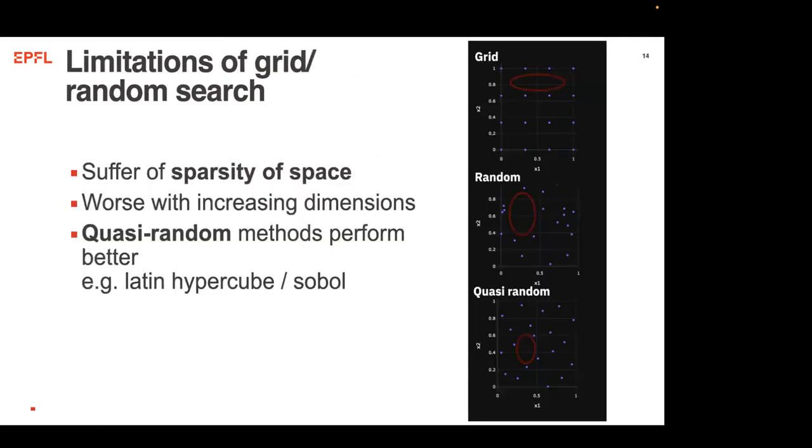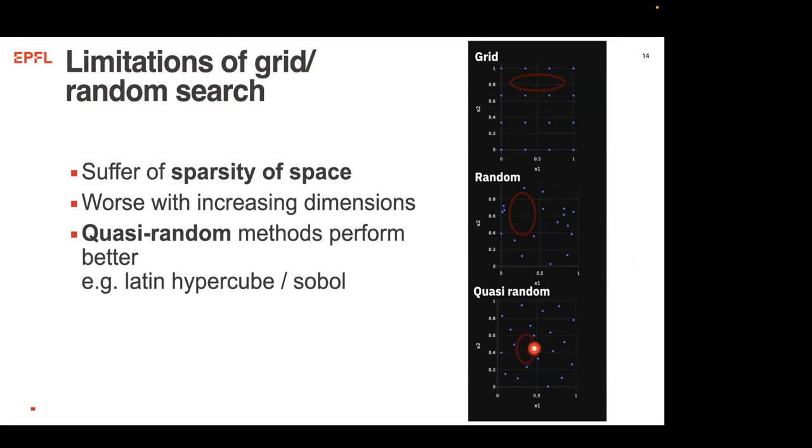Here, just to show you a bit the limitations of random search and grid search, if you look on the right, it's not super visible, but if you recognize those blobs, the red circles, you see how it suffers even in 2D from the sparsity of space, and it gets worse and worse if you increase the dimensions.